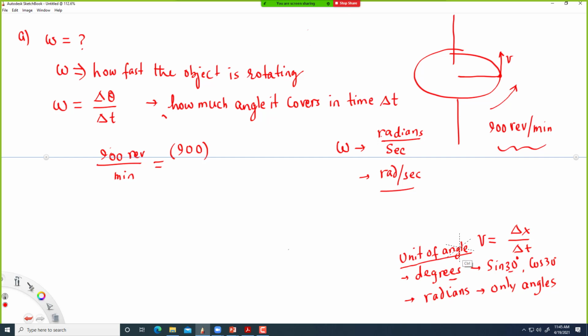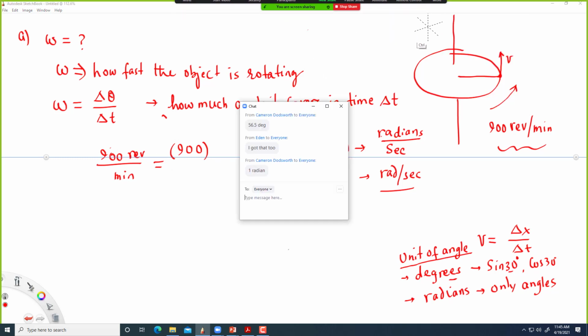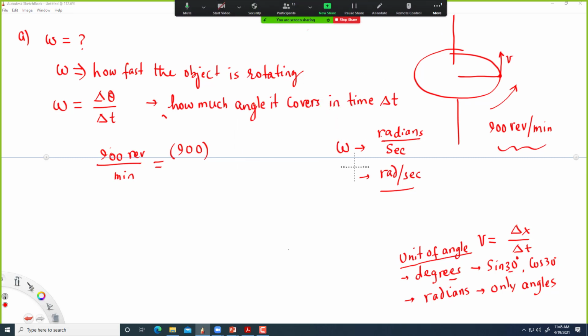But 360 is in degrees. And I said that when you don't have sine, you cannot use degrees. What should that be? Not 1 radian. How many radians is that?